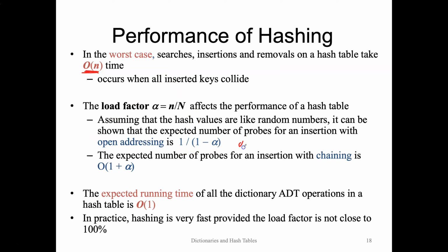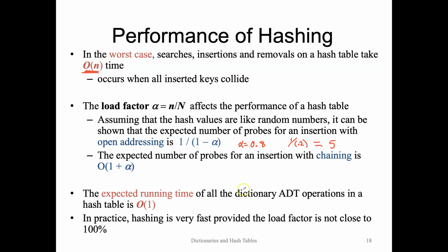So if we had that alpha was 0.8, meaning our table was 80% full, then the expected number of probes, if we go to insert, is 1 over 1 minus 0.8, which is 0.2, which gives us 5 expected probes. So this is still constant.